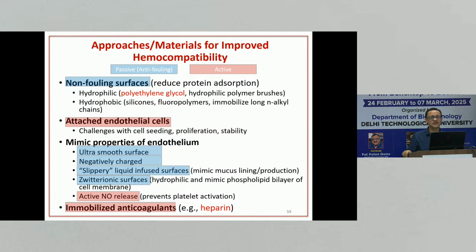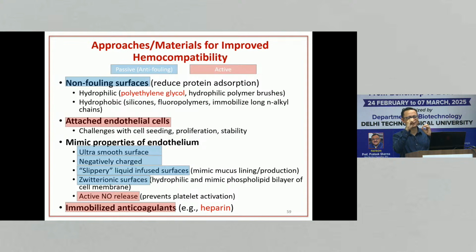You can attach endothelial cells because when the endothelial cell layer is there, blood just flows nicely on the endothelial cells. When somebody gets a vascular graft or stent, you want endothelial cells to grow on the surface because it's almost a permanent implant.